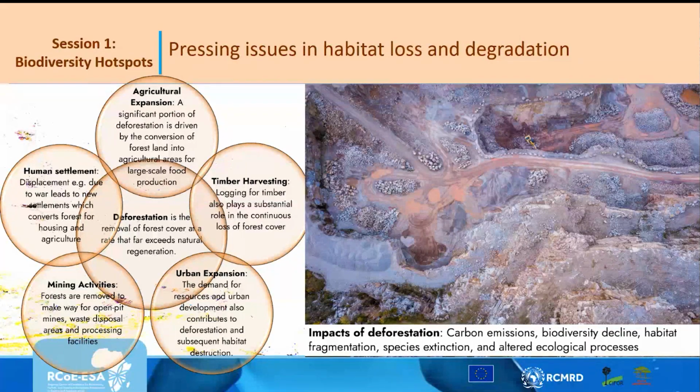So you have to look within your forest sector and see what is causing a huge degradation in our forest. These are just some of the examples we are using, but they are not limited to this. You can trickle down to what the country has identified as the key drivers of deforestation.